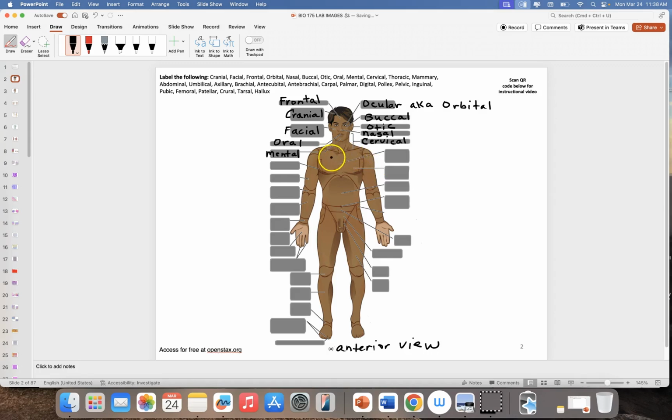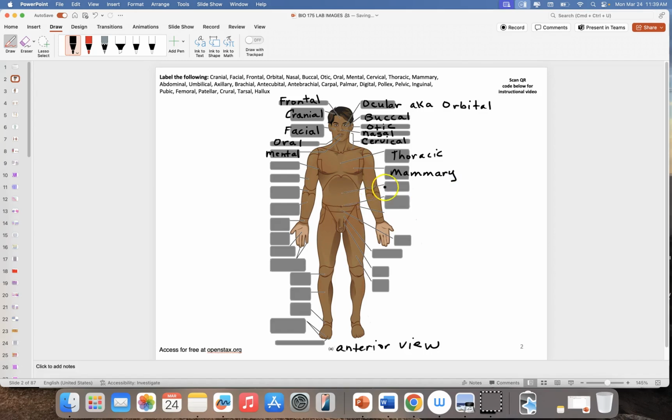If we go ahead and focus in on the trunk, here we have the chest, which is going to be thoracic. Next is the breast. We use the term mammary as our anatomical landmark term.